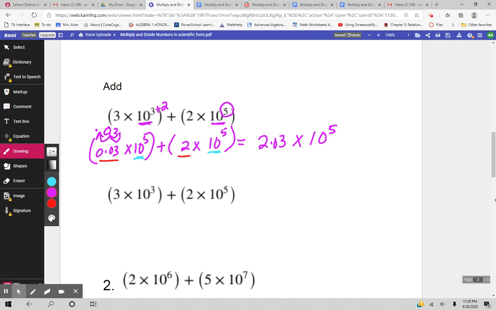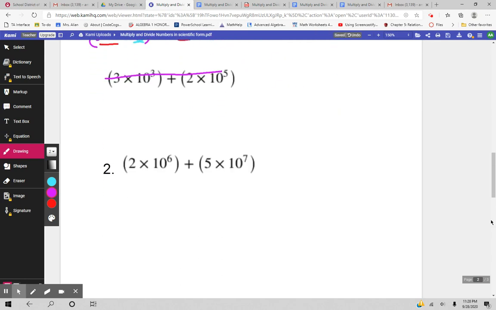I think this is a repeat, so we'll cancel that one out. All right, go down here. We want this to go up to 7, so we're going to add 1 here. That means we have to move the decimal from here and put it right in front, so it's going to be 0.2. I just added the 1 because I want it to match here.